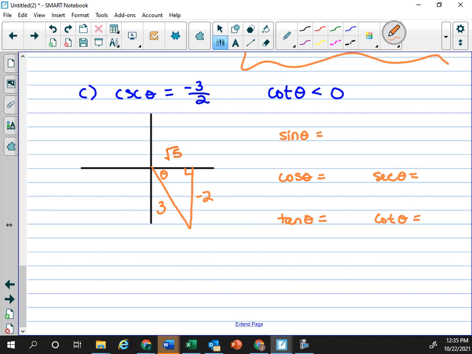I don't even remember how I found it. Oh, it's 2/5.